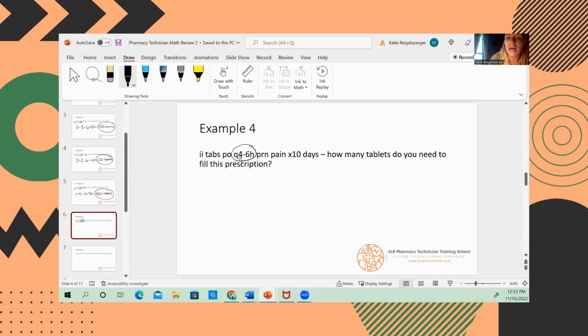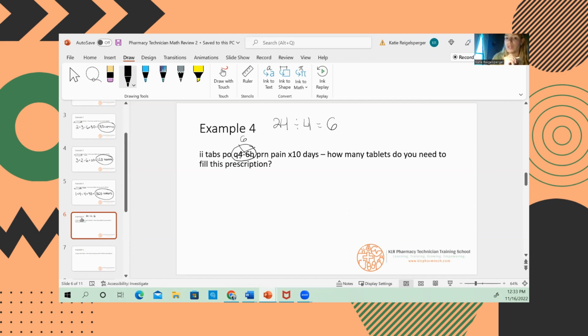There are 24 hours in a day, always. If I take out the trash every 4 hours, 24 divided by 4 is 6. It means I took out the trash 6 times a day. This patient's going to take this medication 6 times a day. Okay? So we're just going to cross this right out, and now we know it's 6.